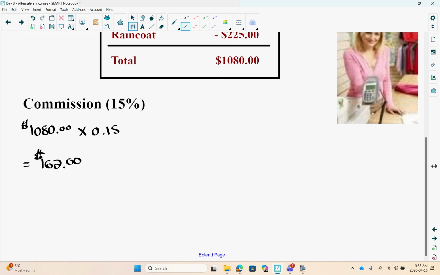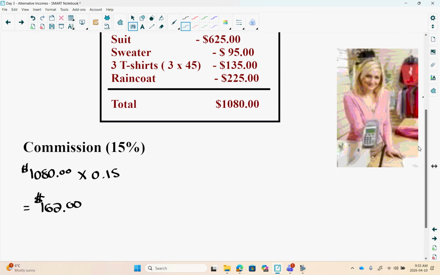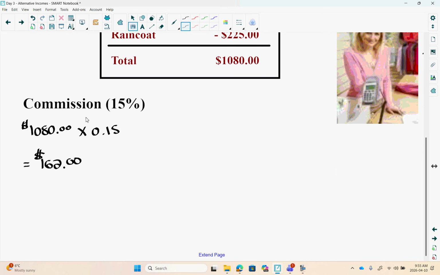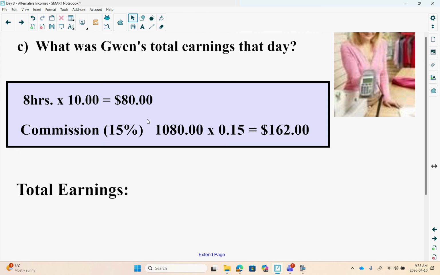So next question they're going to ask me is, how much money does Gwen make in total for that day? What would I do with the 80 and the 162? Add them together. Okay. So this is what she made on commission. What were Gwen's total earnings for that day? I'm just going to add 80 and 162.